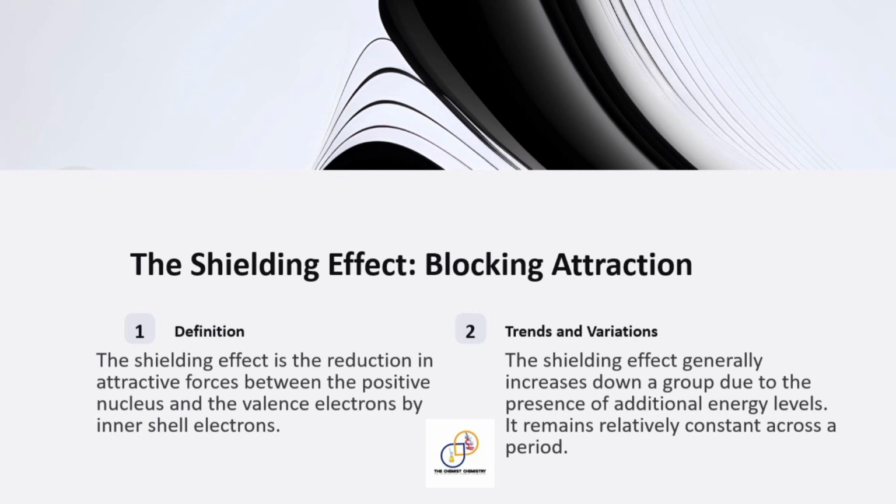As more shells are added, more shells are between the nucleus and the valence electrons, and those shells together with the electrons will shield the attraction between the nucleus and the valence electron. It remains relatively constant across a period, so it increases down a group, but across a period it remains relatively constant. Let's take note of that.